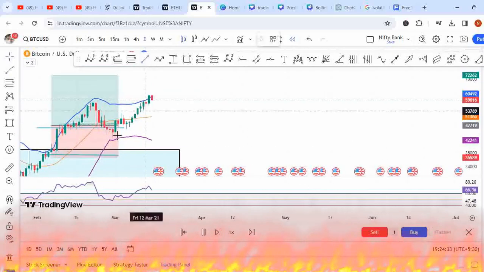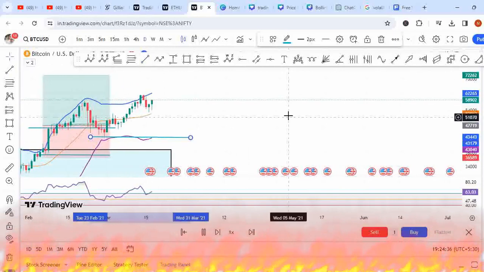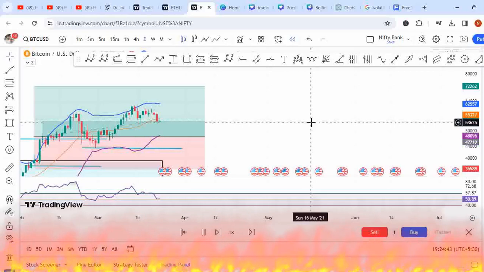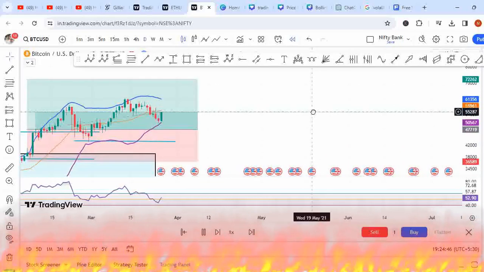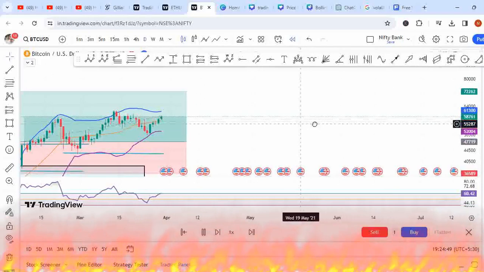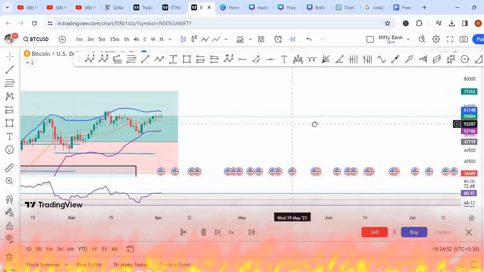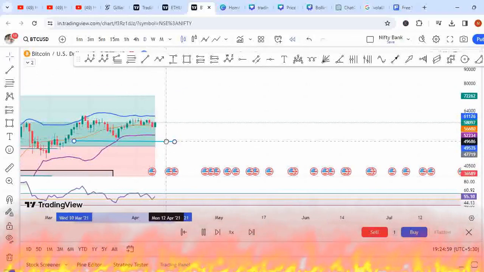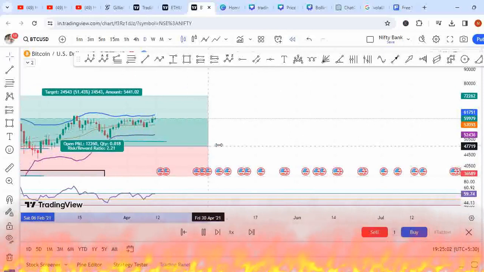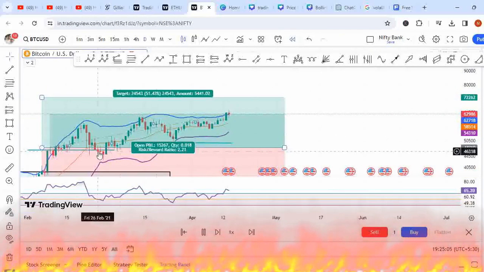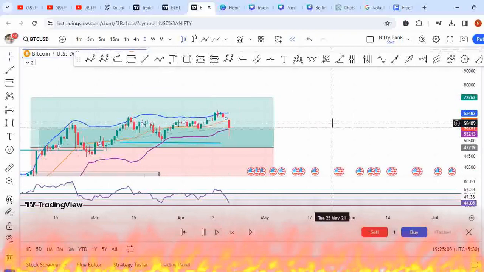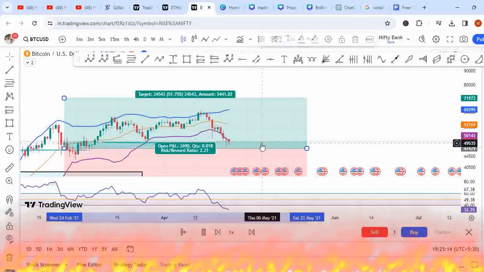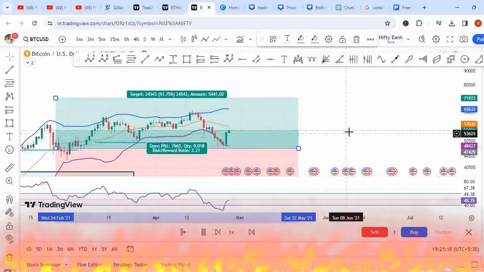Now you can trail your stop loss here. Now you can trail the stop loss here. When you see this formation of a swing low, you can trail your stop loss. Here you have not got the target, it has hit your stop loss.